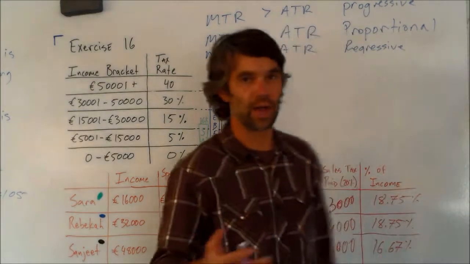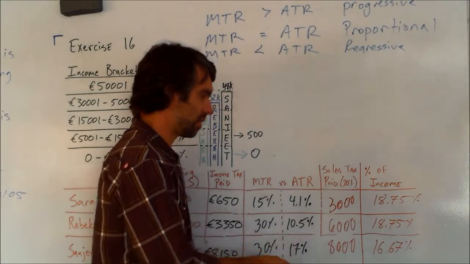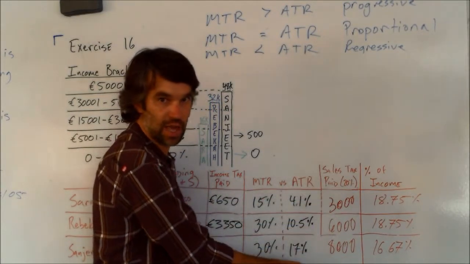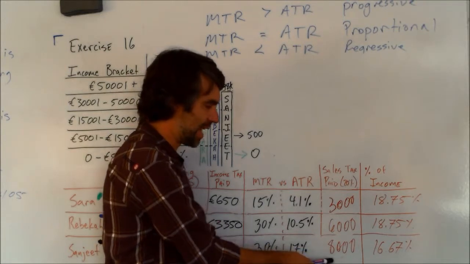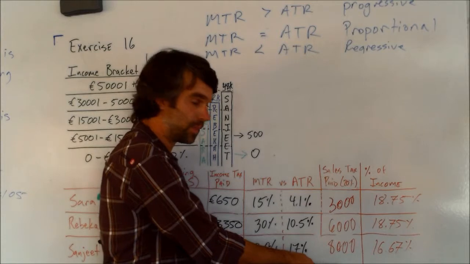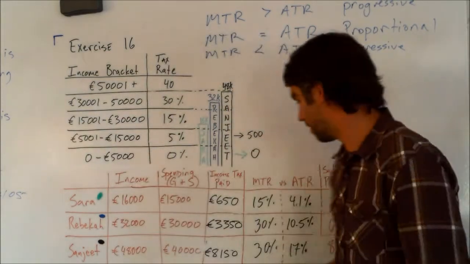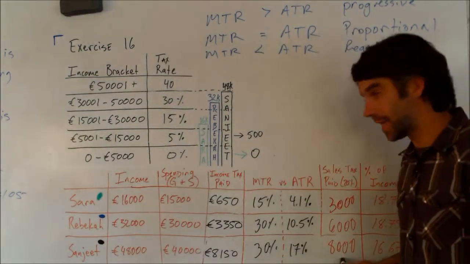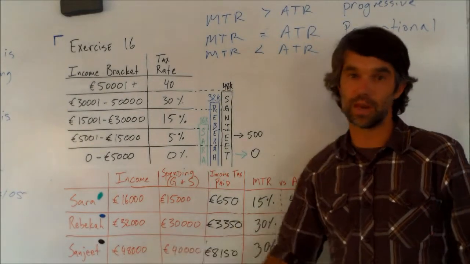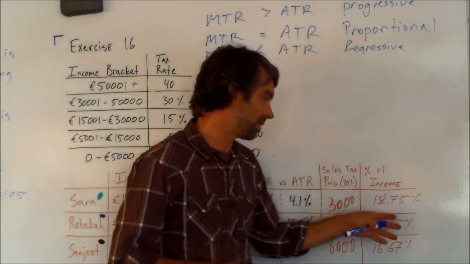So once we've looked at that, then you can go, okay, well, 20% of each of those numbers works out to 3, 6, and 8,000. And then you can take that number and apply it back to their original income. So if we look at their sales tax paid as a ratio of their original income, you end up with the numbers that we see over here on the left.